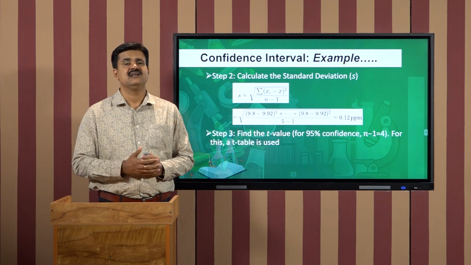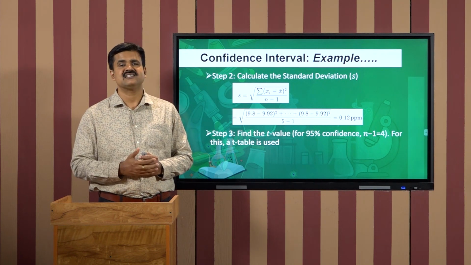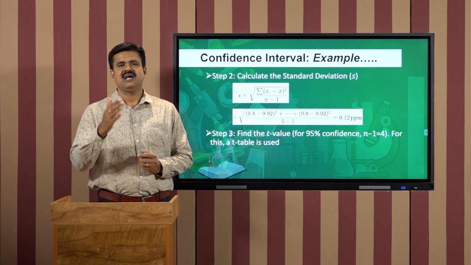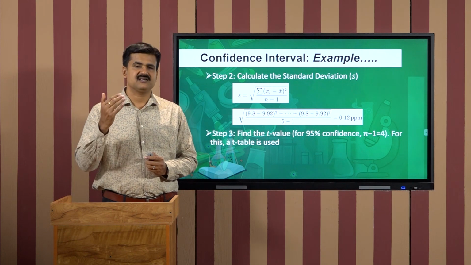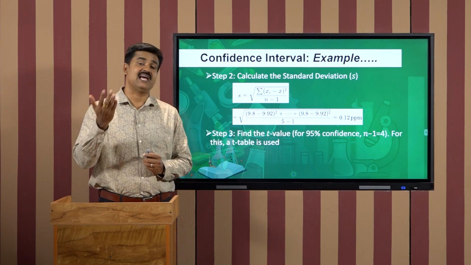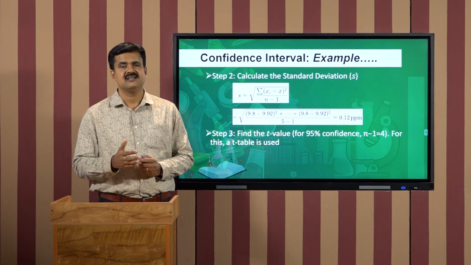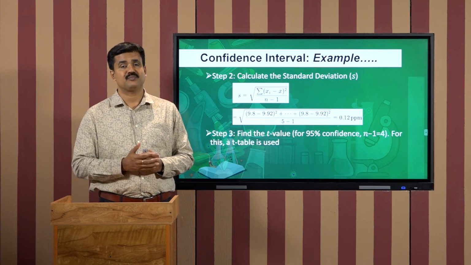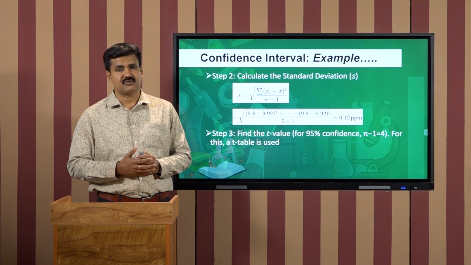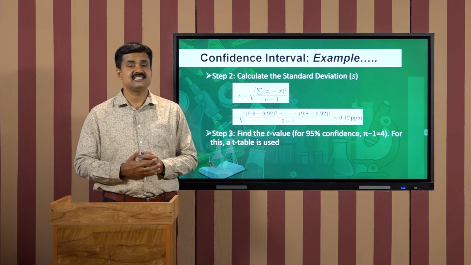In many cases we are taking 95% as the confidence level, and you have to pick the t value from the student's t table for 95% confidence, and you know in the present problem n minus 1 is equal to 4. N minus 1 is taken as the degrees of freedom.